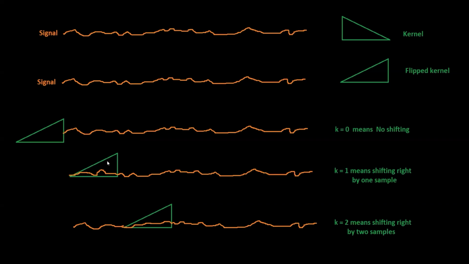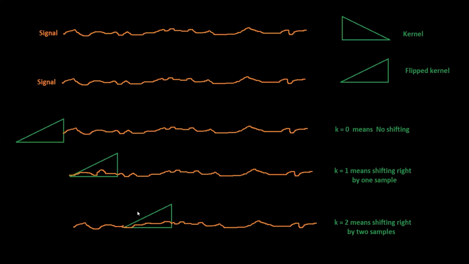And if they are 1 and 1, the product is 1. Then we add all these products. 1 plus 4 plus 6 equals 11. This value 11 represents 1 point in the convolution result. Do not worry if the multiplication and addition steps seem unclear at this point. This is just the intuitive explanation, and we will make it concrete with a numerical example shortly.